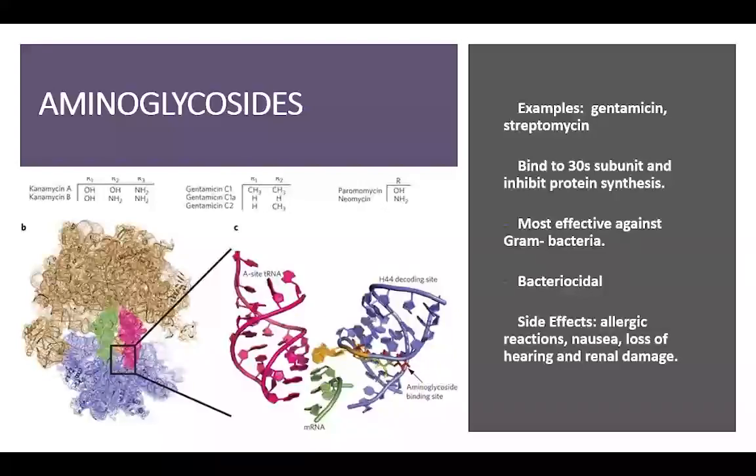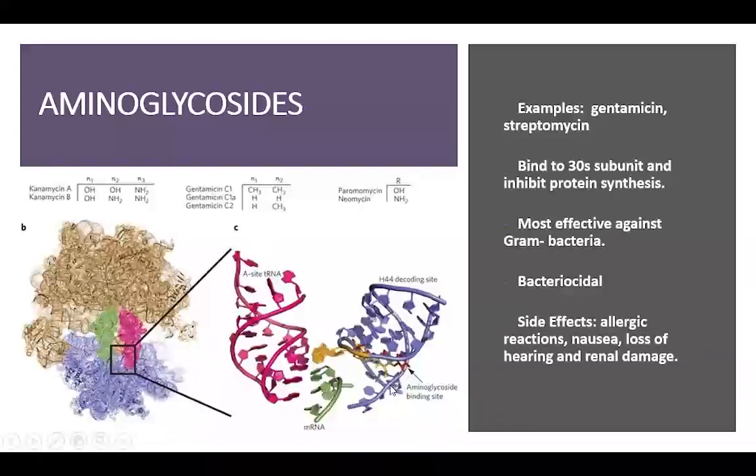For us, it's great in this case. They are very effective against gram-negative bacteria. They are considered bactericidal. If you look right here, here's that 30S subunit, here's the 50S ribosomal subunit, here is our tRNA coming in, and then up here somewhere is the protein.